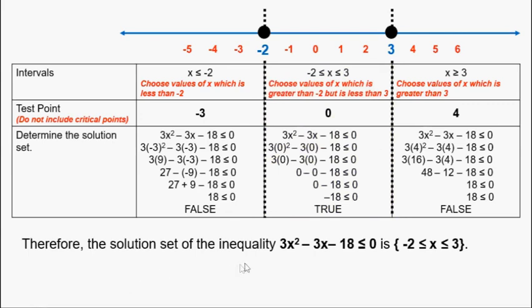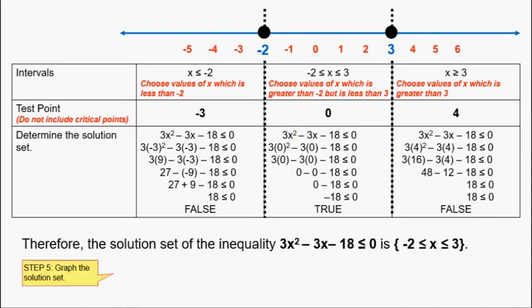Therefore, the solution set of the inequality 3x squared minus 3x minus 18 is less than or equal to 0 is x is greater than or equal to negative 2 but less than or equal to 3. Ayan. I-enclose nyo lang kung anong interval yung true sa loob ng ating braces.